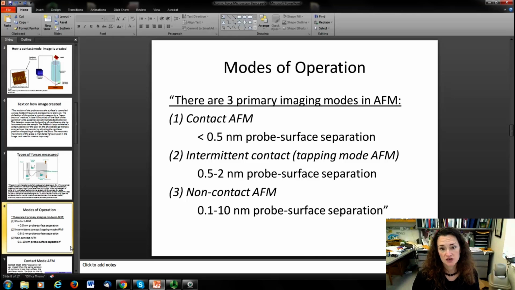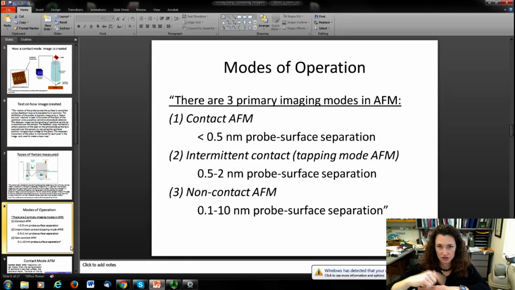And in those, the distance between the tip and the sample ranges between half a nanometer to about 2 nanometers. And then you have non-contact AFM, where the tip never actually touches the surface, but it's wiggled over the surface. And that can get further away, up to 10 nanometers away, for example.